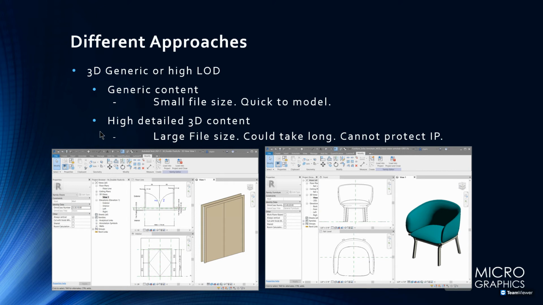But anyway, talking about the file size on these two models at the bottom, the chair, and that's kind of the highly detailed one, is about 2 megabytes in file size, whereas the door on the left is about, I think, 300 and so kilobytes. So it's 0.3 versus 2 megabytes for the chair. Right.